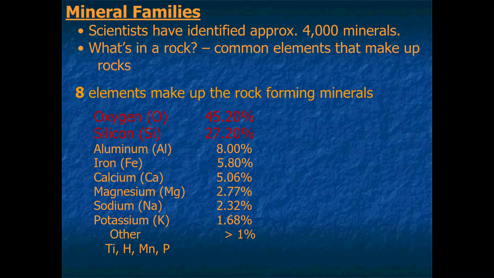Now, if we consider the entire Earth, including the core, the mantle, and the crust, the most dominant element on the entire Earth would by far be iron. So iron is by far the most dominant element on Earth, but in the Earth's crust, by far, it's going to be oxygen.